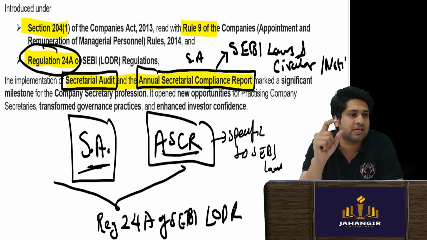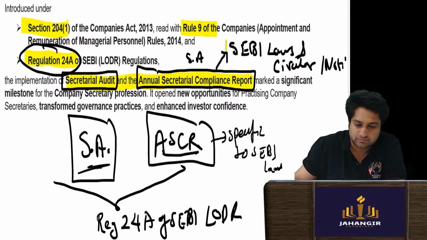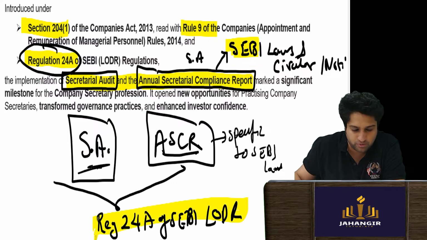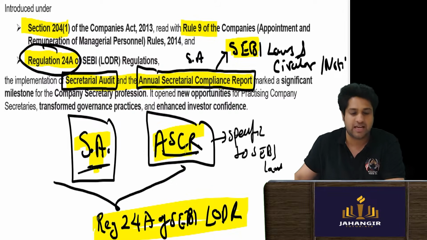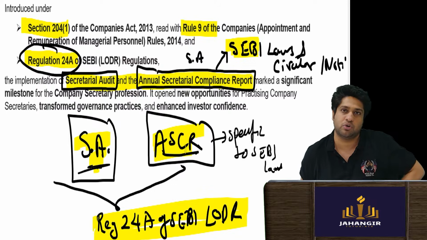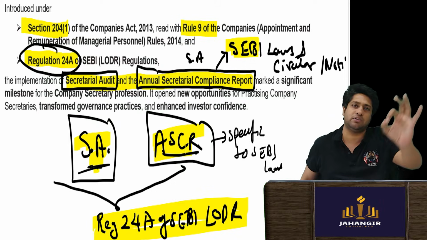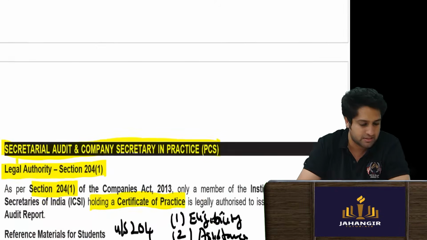Now, the annual secretarial compliance report comes from SEBI laws. Regulation 24A of the SEBI laws talks about secretarial audit and ASCR, the annual secretarial compliance report. So, what is that? It is all the laws relating to SEBI, whether you have followed them or not. This would obviously come in case of listed companies, SEBI LODR.